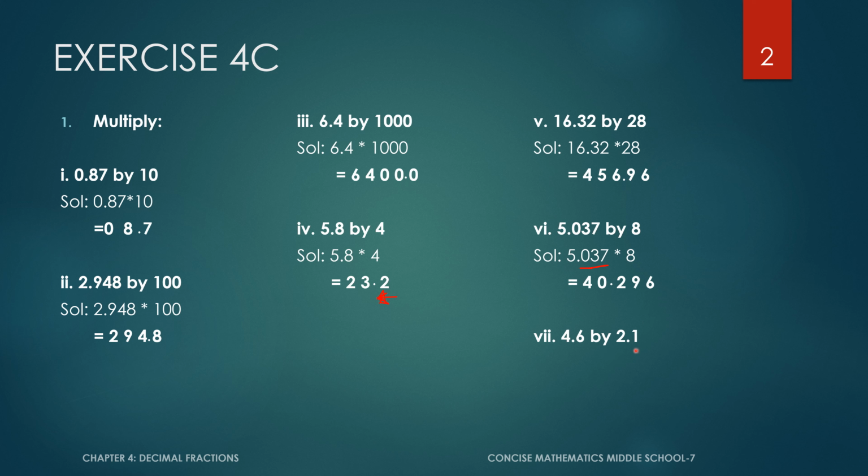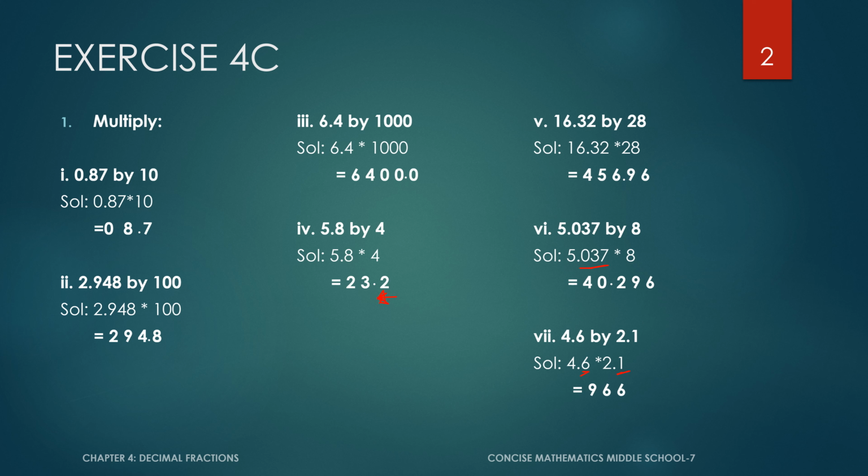4.6 by 2.1. Here the decimal places are on both the numbers. Both are decimal numbers. Then here just multiply 46 into 21. Right? This is what we get when you multiply 46 into 21. And here after the decimal point, it is one number, and after the decimal point, even here it is one number.